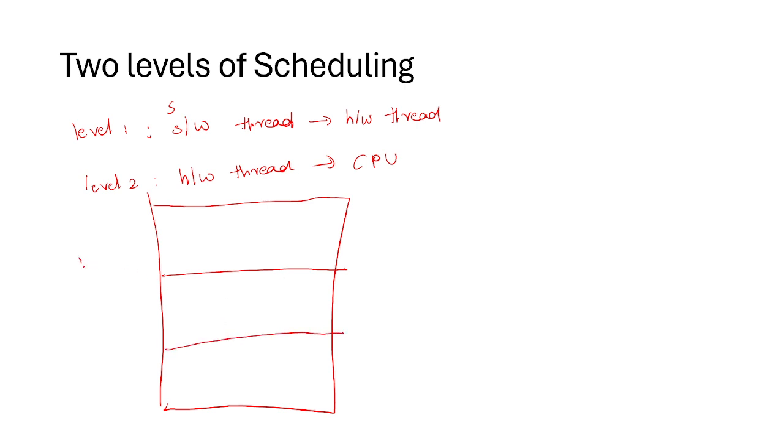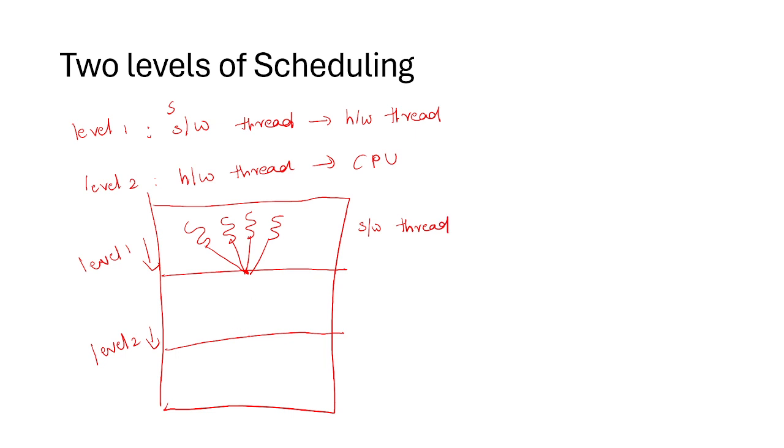So this is level 1, and this is level 2. Here software threads are getting scheduled. These are all the software threads.